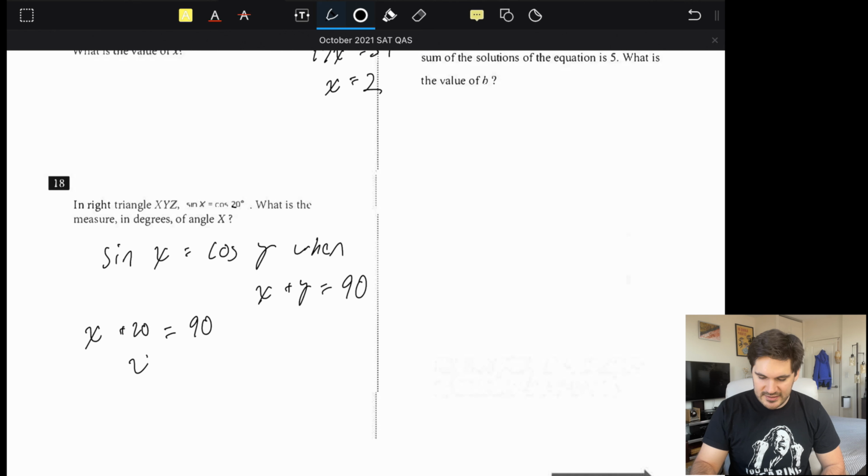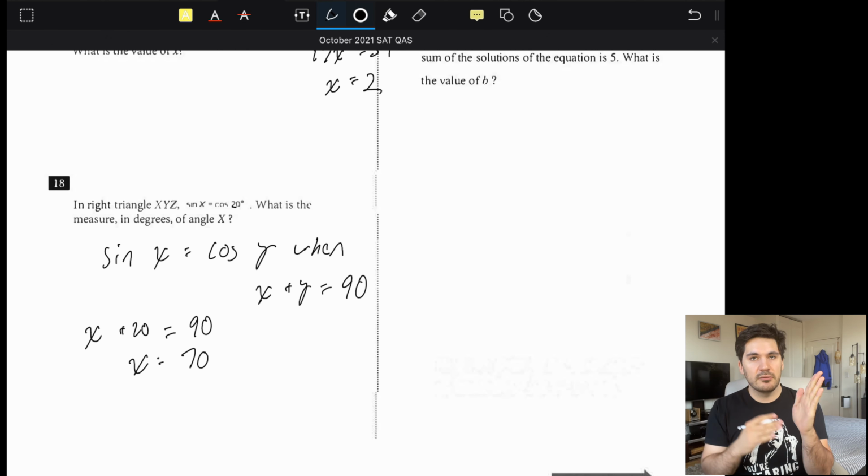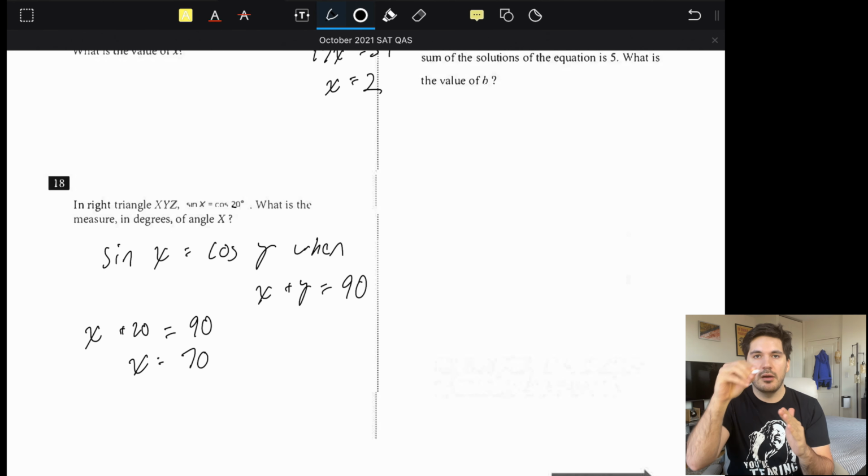So x has to be equal to 70. Because then sine of 70 equals cosine of 20, because the x and y add up to 90. And we know the x and y have to add up to 90 because it's a right triangle, right? If the right angle is 90, the other two angles have to add up to 90 in order for all the angles of the triangle to add up to 180.